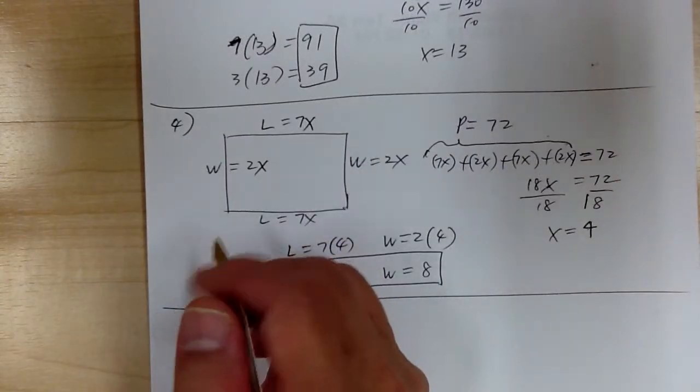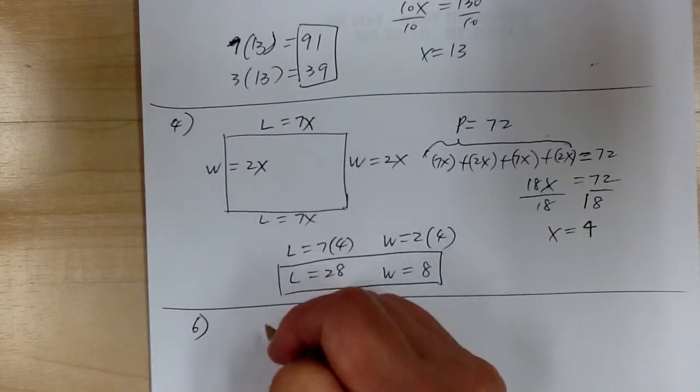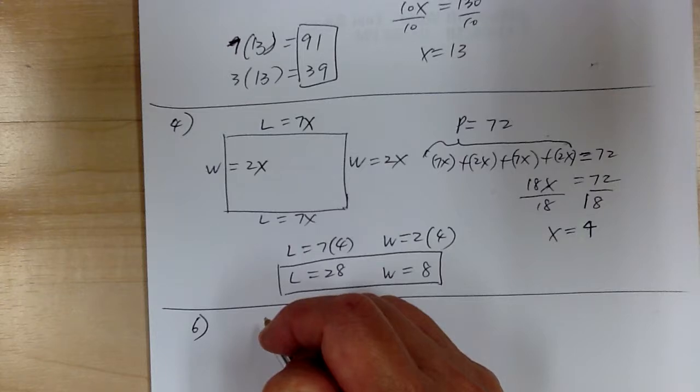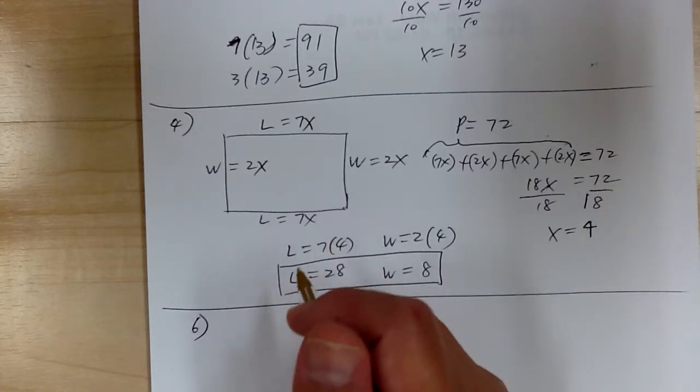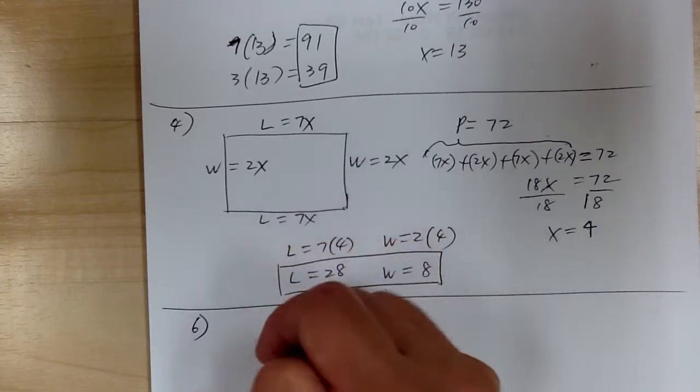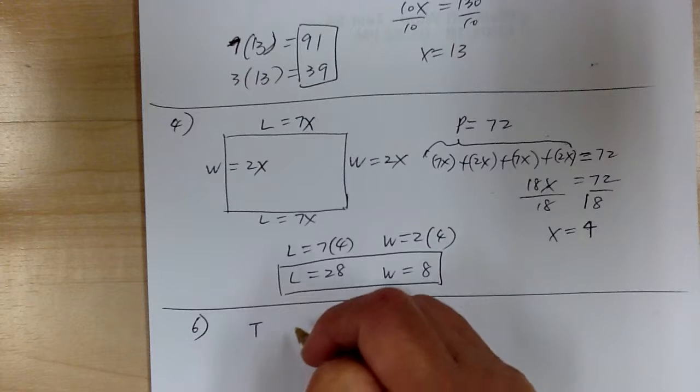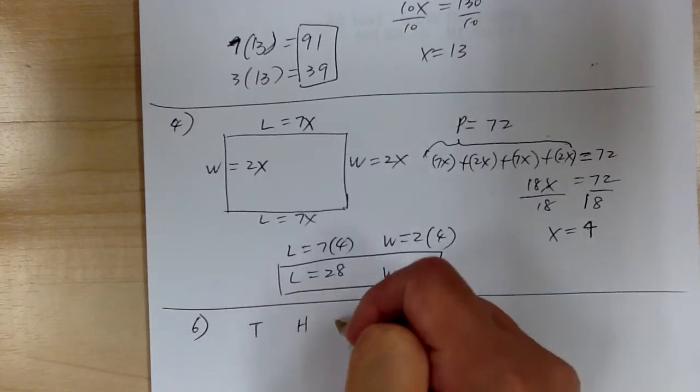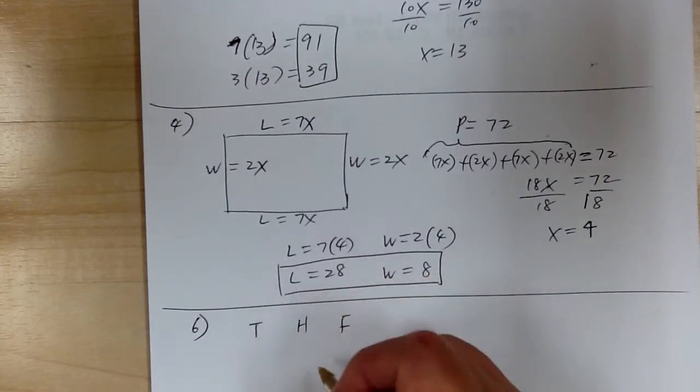Okay, let's go to number 6. It says, each school year, Laura spends about $12,150 for tuition. So that's the total for tuition, housing, and food. You've got tuition, housing, and food, and it says the amount spent on these 3 items is in the ratio 4, 4, and 1.